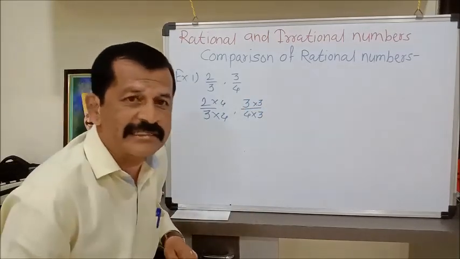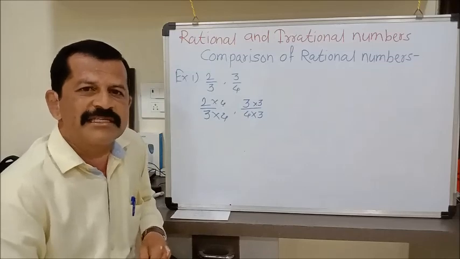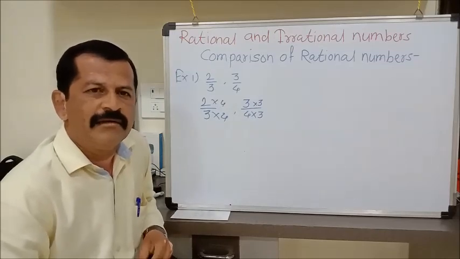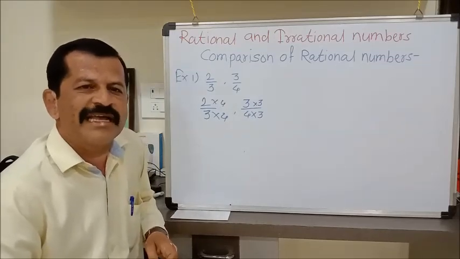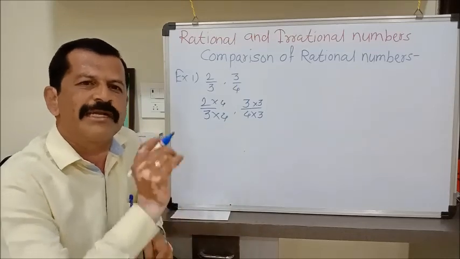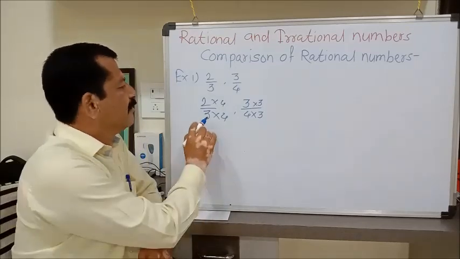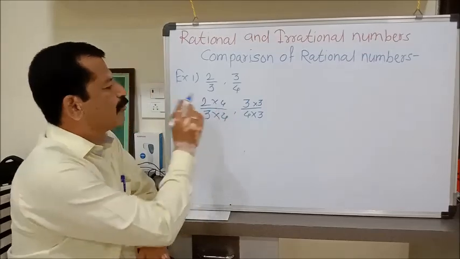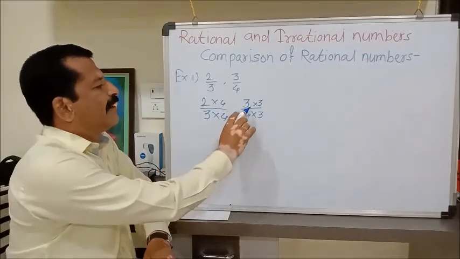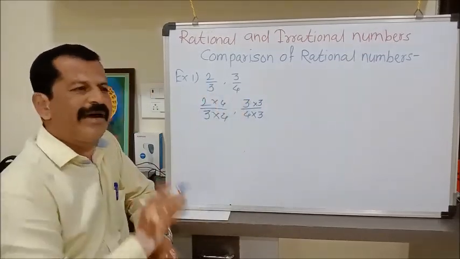When comparing rational numbers, we must equalize the denominators by finding the common multiple of the denominators. In that way, we multiply the first rational number by 4 and the second fraction by 3.